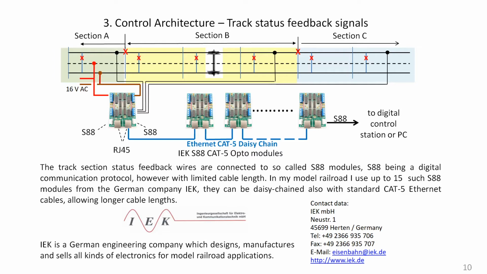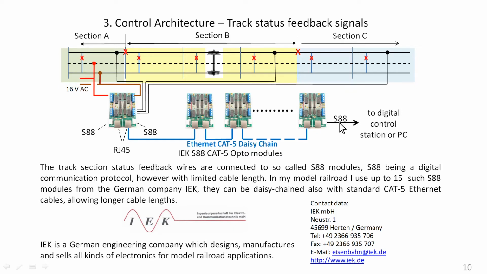This S88 protocol and cable have limited cable lengths of just 1 or 2 meters. These modules of the German company IEK have an RJ45 connector for Ethernet, so you can daisy chain these modules with Ethernet and have longer distances between one module and the other. This is a very neat feature and gives you much more freedom than the cable lengths which S88 allows.